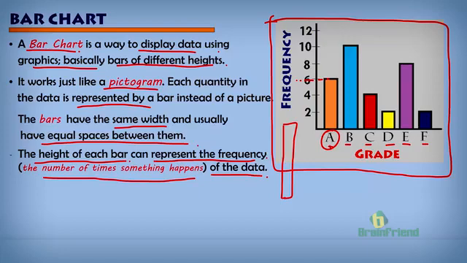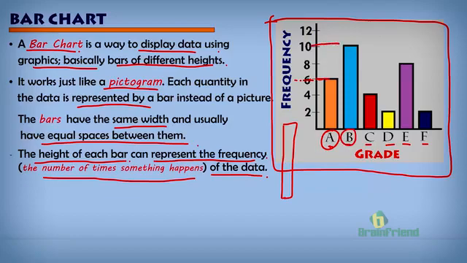So when we trace the top of our bar to the y-axis, that is the left part of our chart, we get the frequency. Again, grade B occurred, let's do a trace quickly, 10 times.